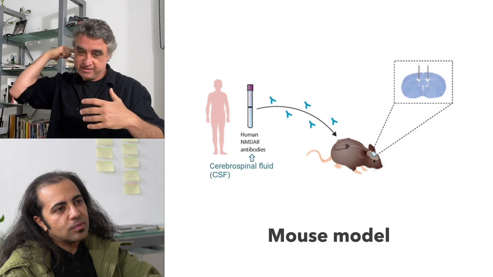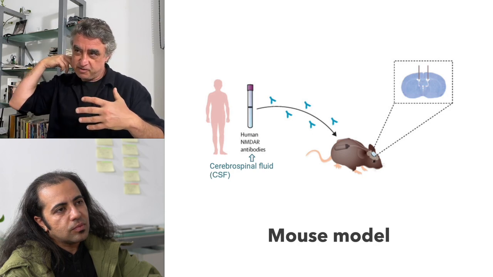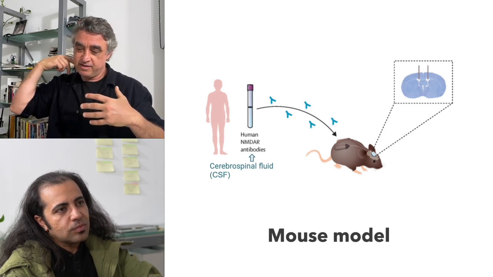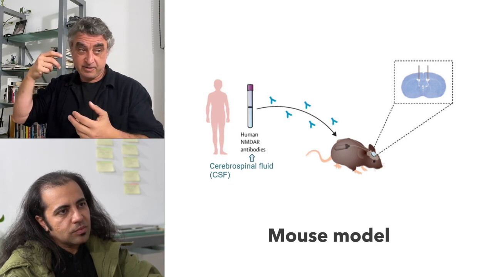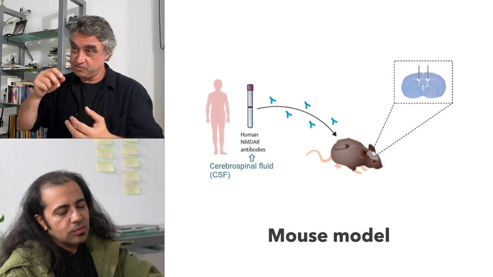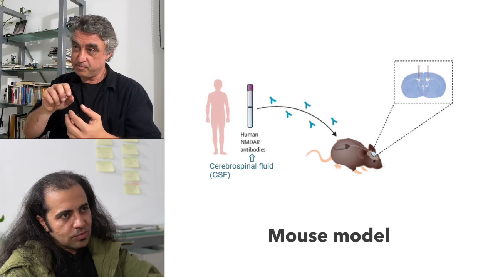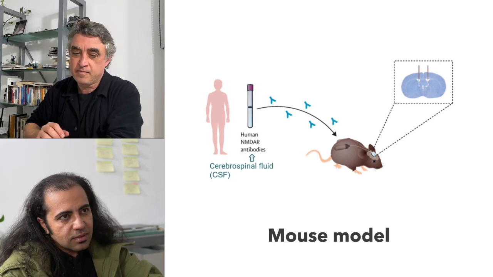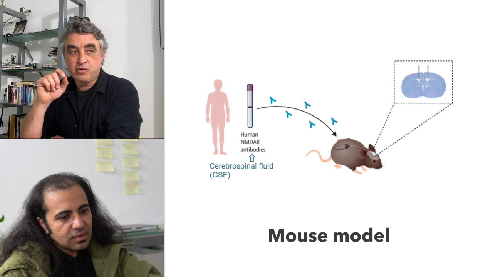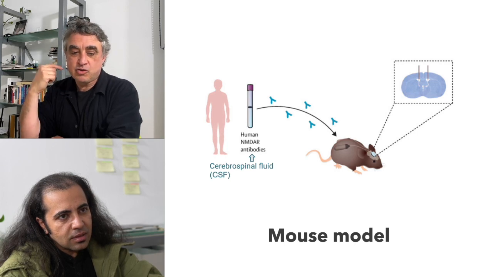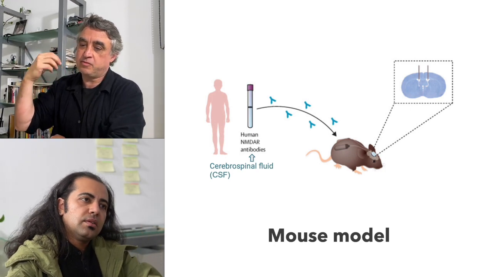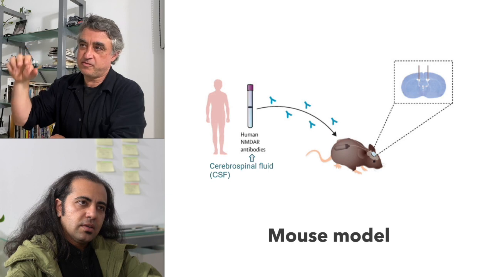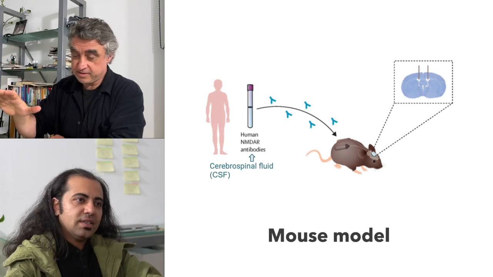But you take spinal fluid from the people with these antibodies, and you inject them into the relevant part of the mouse. Exactly. So you need to inject some mice with fluid from people with the antibodies and some mice with fluid without the antibodies.